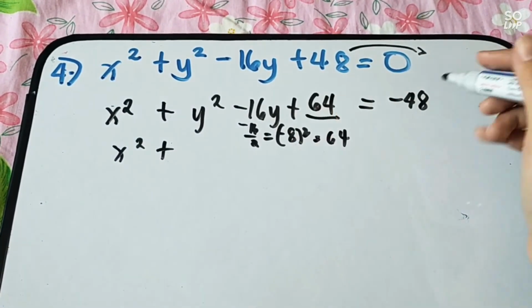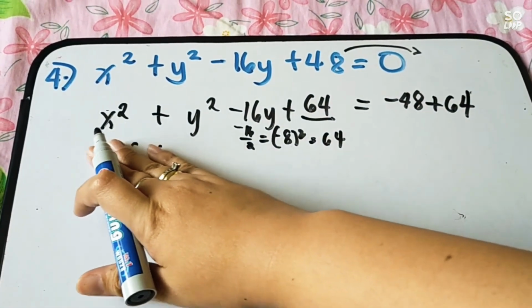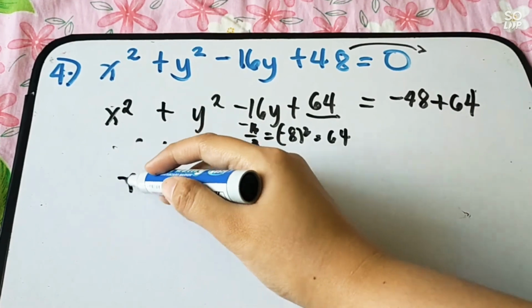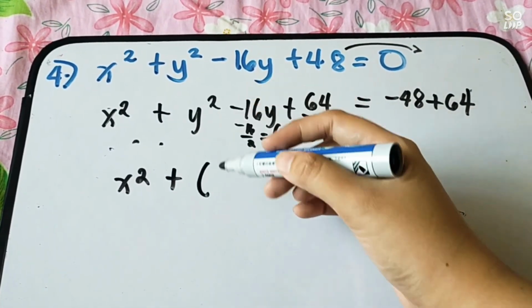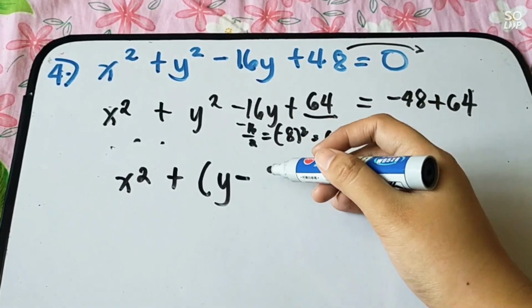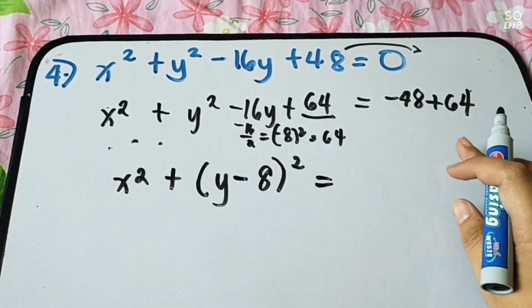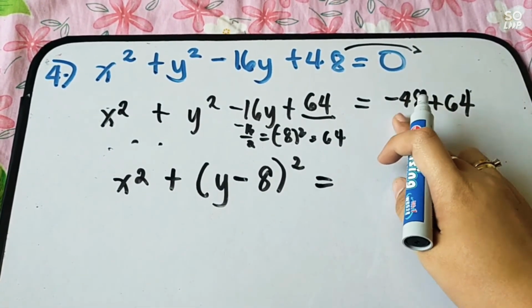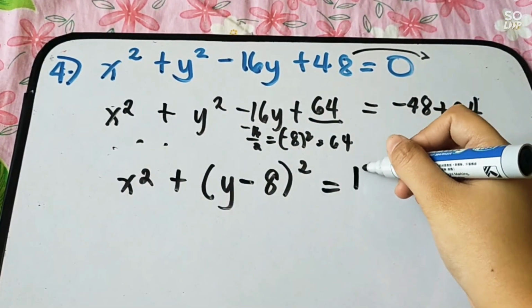Add 64 here. So, here, you also add 64. So, again, copy. We have x squared plus, let us factor y, copy, minus. Square root of 64, we have 8 squared is equal to 64 minus 48. Answer, we have 16.